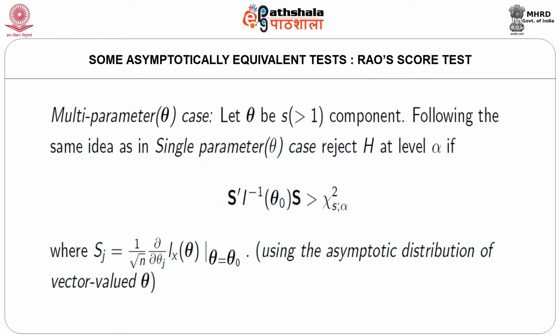Now we will consider the Rao's score test under the multiparameter case. Let θ be an S component vector where S is greater than 1.